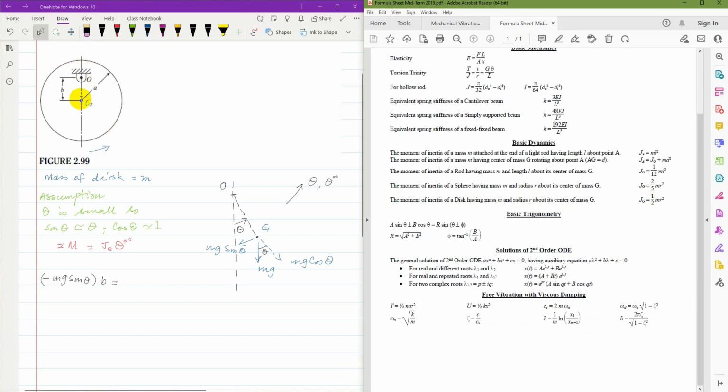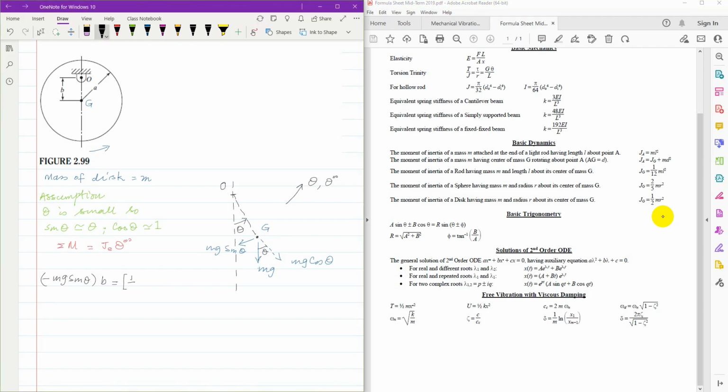But this disk is not rotating about its center of mass, it is rotating about O. The distance between O and G is b, so J equivalent is Jg, which is half m a squared, plus m d squared, where d is the distance between the center of mass and the center of rotation, which is b.